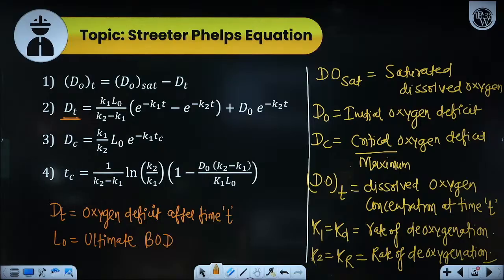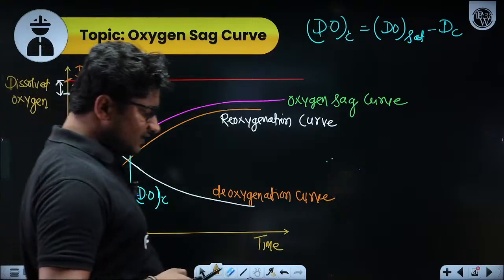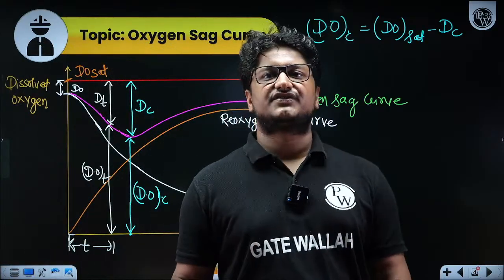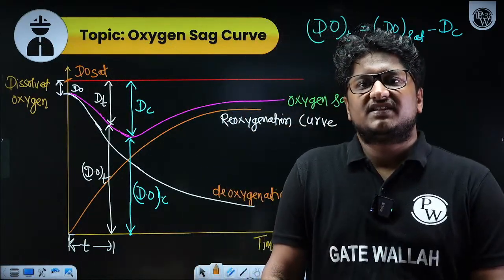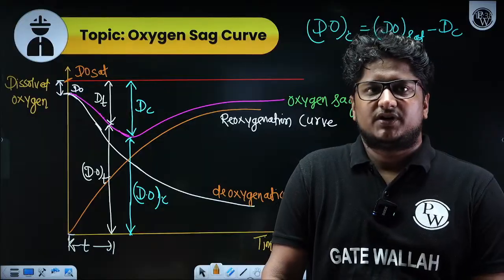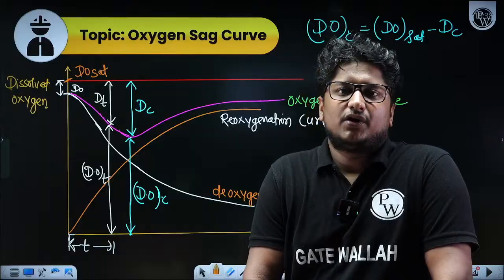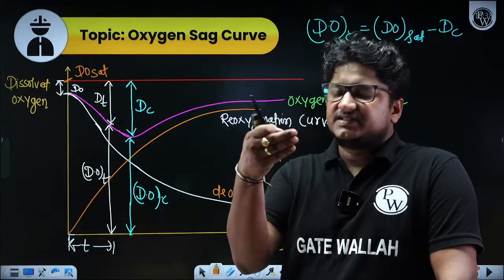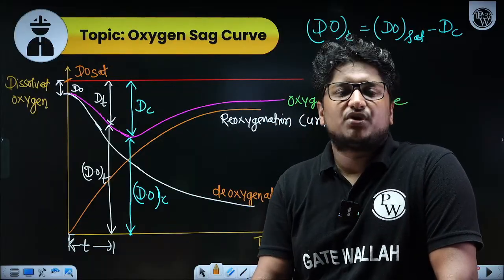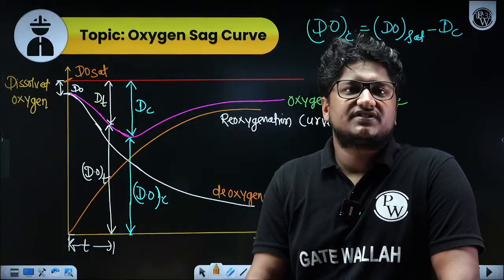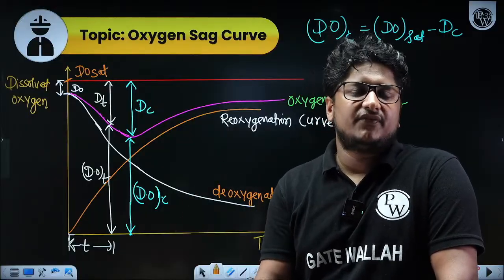Okay. Now in this oxygen sag curve, all the formulas are important. This is basically a part of the self purification process. During the self purification process, this oxygen sag curve will be formed.